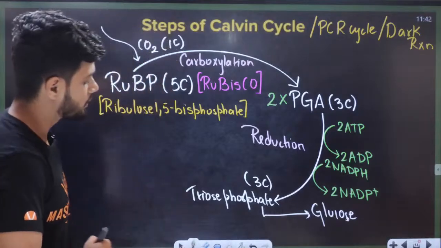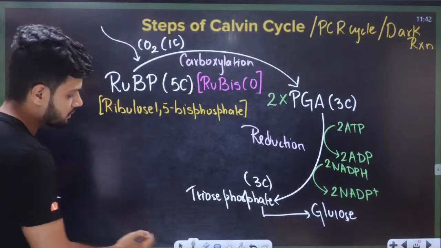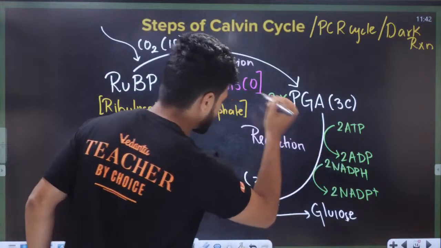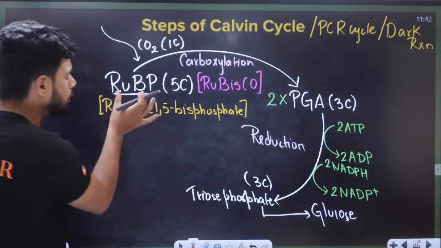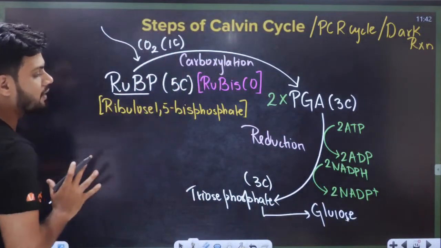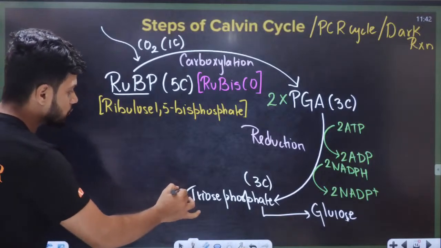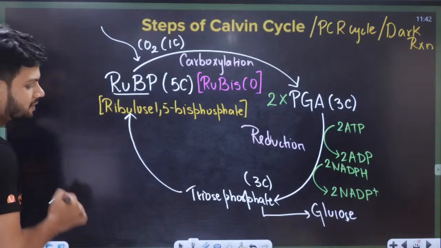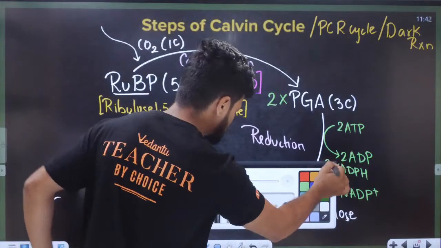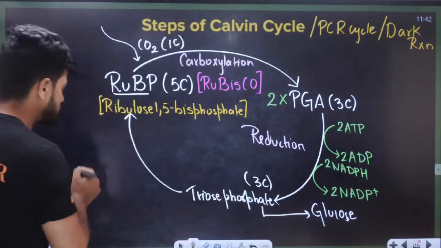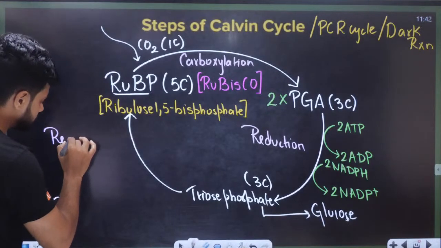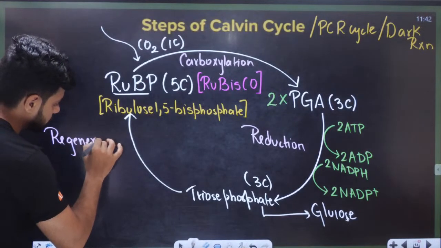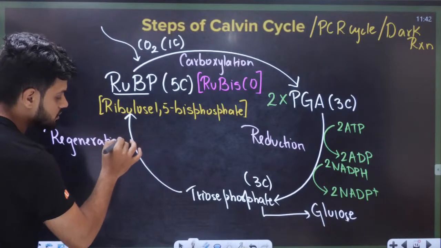Okay. So this is what is happening in the second step, triose phosphate. Now what is the next step? See, we need this RUBP. Without this RUBP, the entire reaction cannot keep on happening. So this triose phosphate will again get converted back to RUBP, and this step is called regeneration.